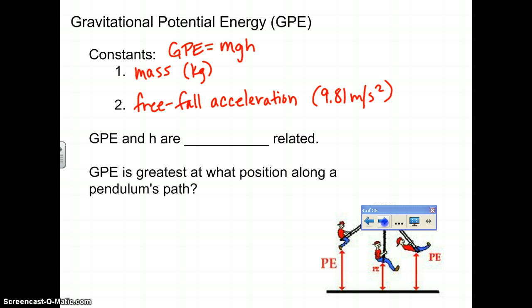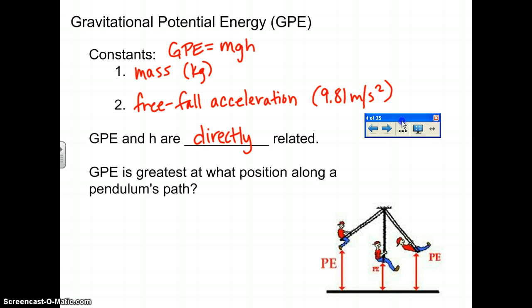GPE and h then are going to be directly related from your equation GPE equals mgh. That makes sense, right? Because m and g are your constants. GPE and h are directly related to each other. So think about this. GPE is greatest at what position along a pendulum's path? Well, think about this path right here. So you start right here, and you push back, and then, yay, you're swinging.